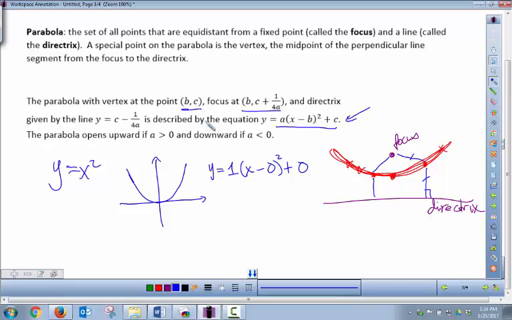So the vertex should be what? We knew that already, right? Now the focus, where's the focus? The focus is (b, c plus 1 over 4a).